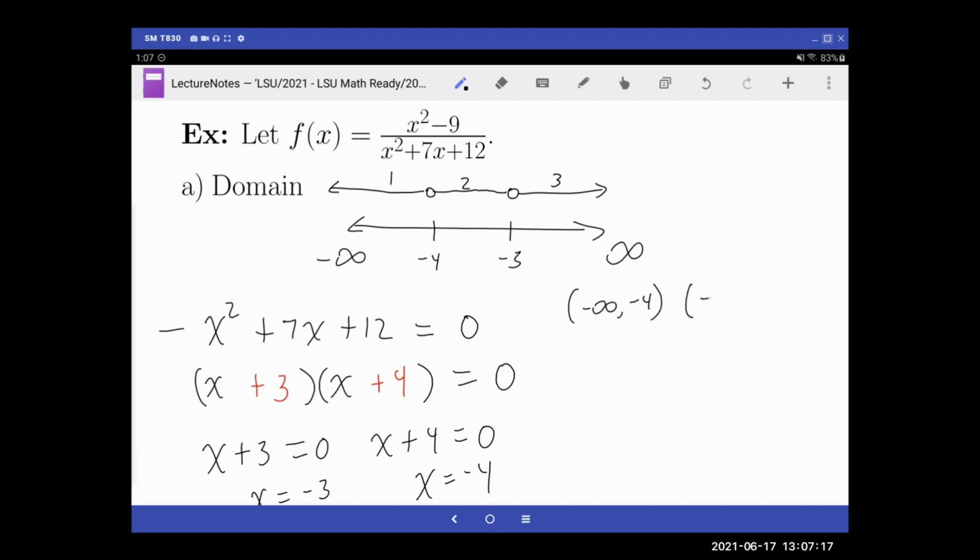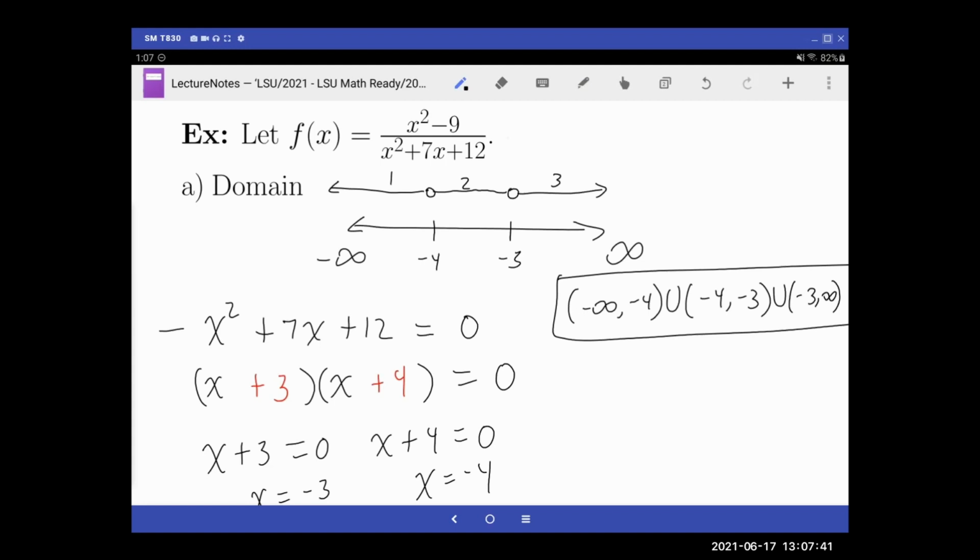The second one is -4 to -3. Third one, -3 to infinity. And don't forget the unions in between to represent the union. Okay, so that's my domain: -infinity to -4, -4 to -3, and -3 to infinity.